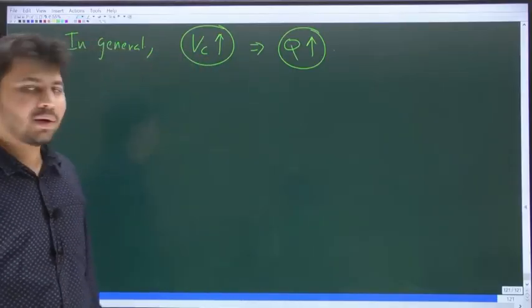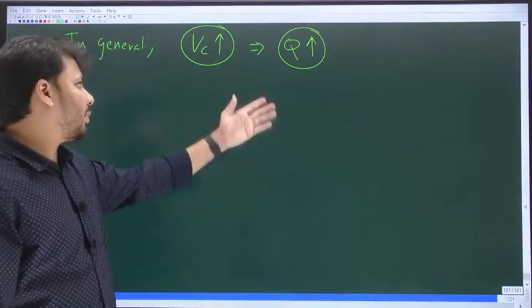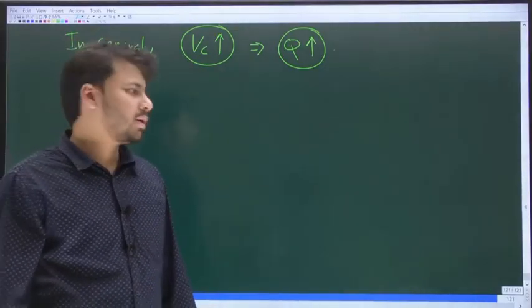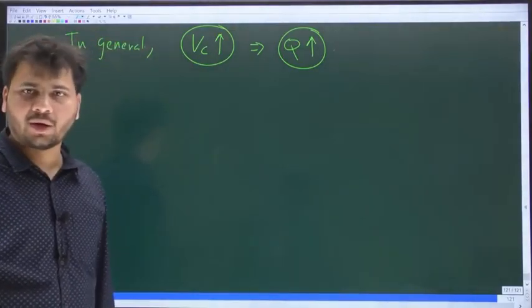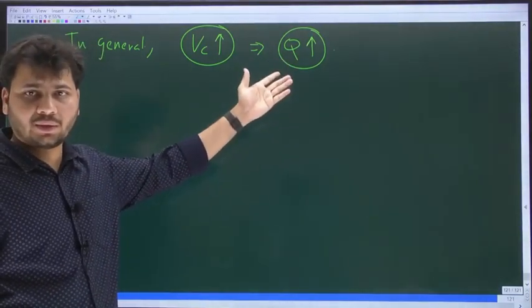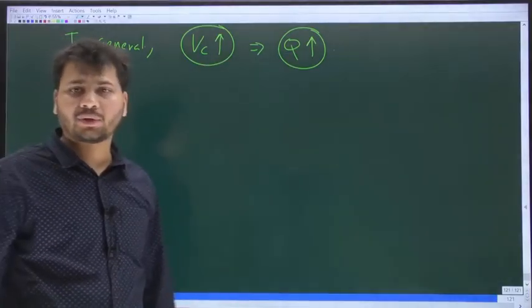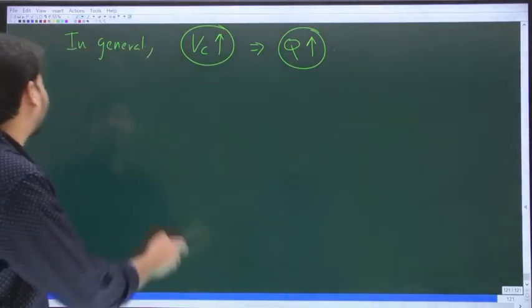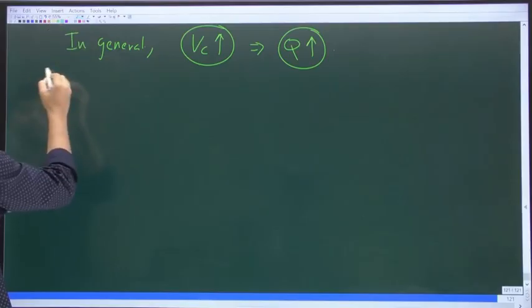Now, for different capacitors, the relation between Q and VC will be different.